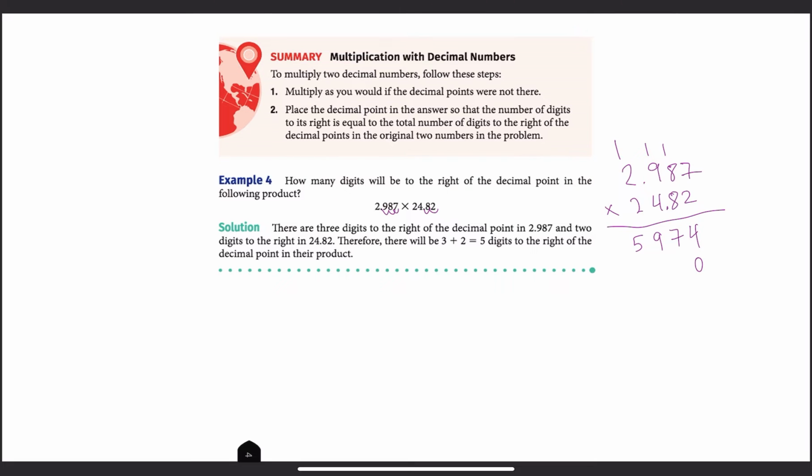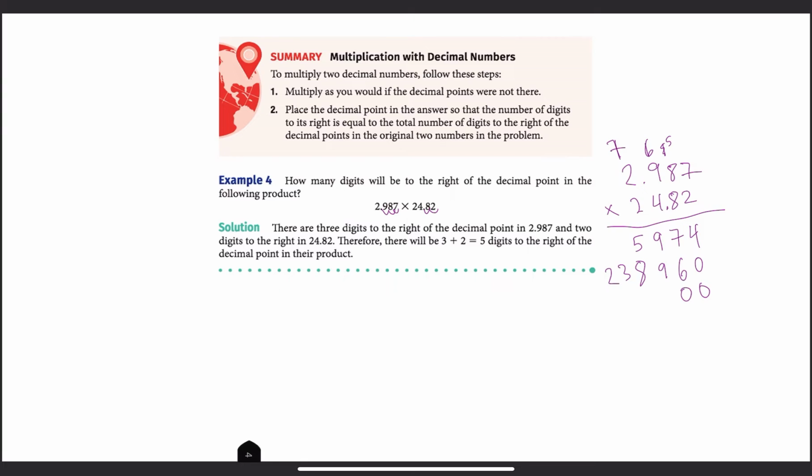So 8 times 7 is 56. 8 times 8 is 64, and 5 is 69. 8 times 9 is 72, and 6 is 78. 8 times 2 is 16, and 7 is 23.